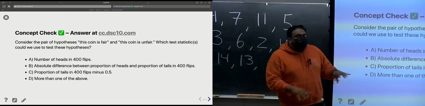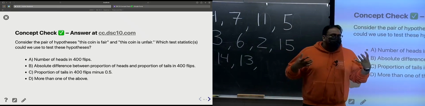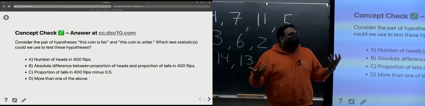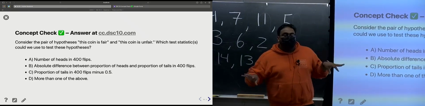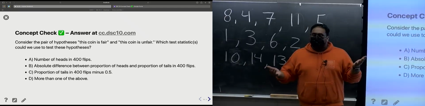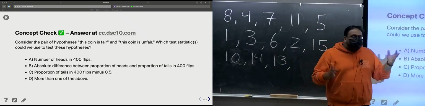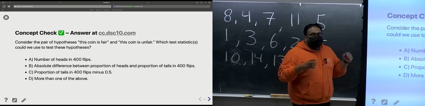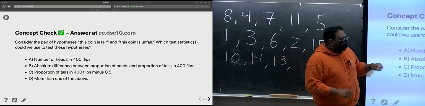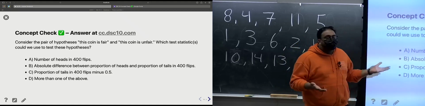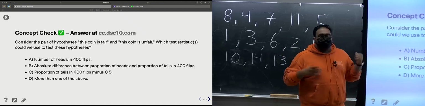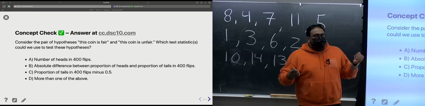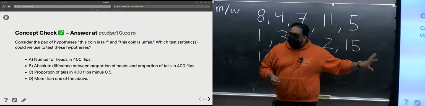And if this number is big, it means that the number of heads and the number of tails were far apart from one another, meaning that the coin is biased in some direction. Okay, so if test statistic B is big, it means that that's evidence that the coin is unfair. If it's small, it's evidence that the coin is fair. So only test statistic B has that nice property that we like. Do we agree? Okay, questions with this idea, because it's an important one.